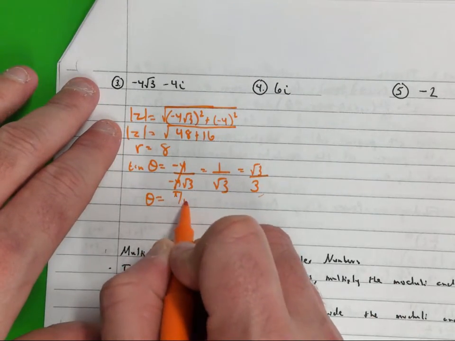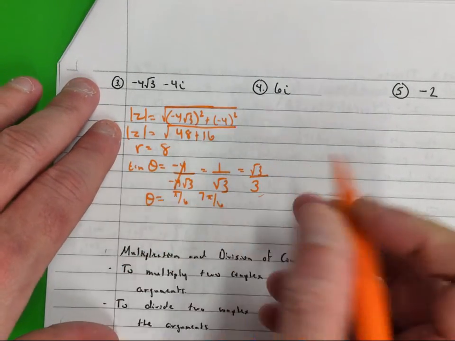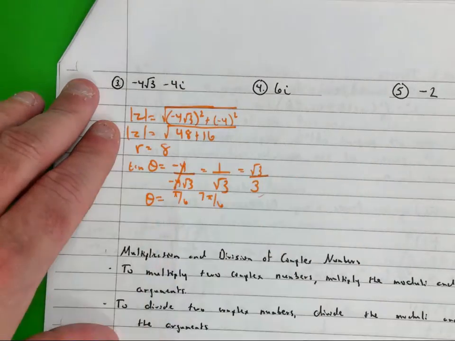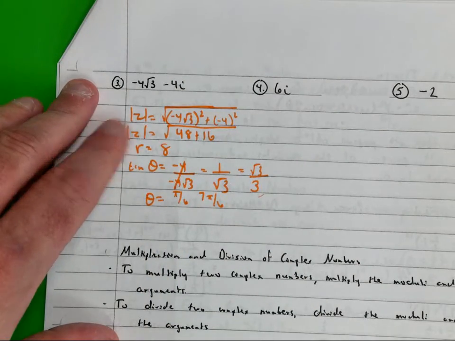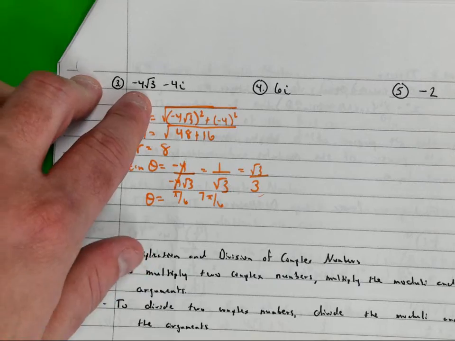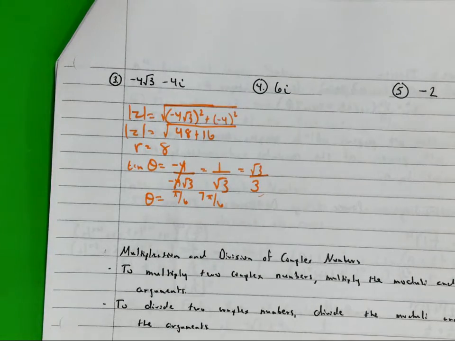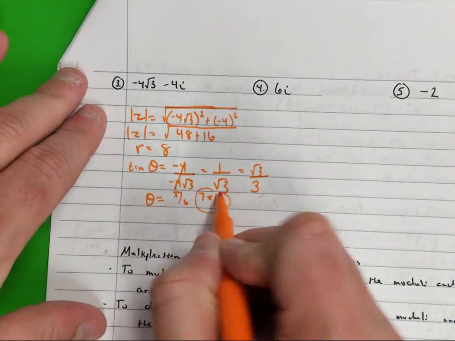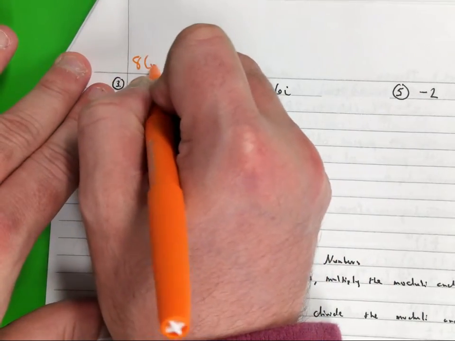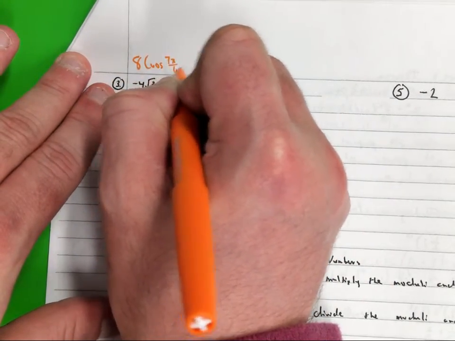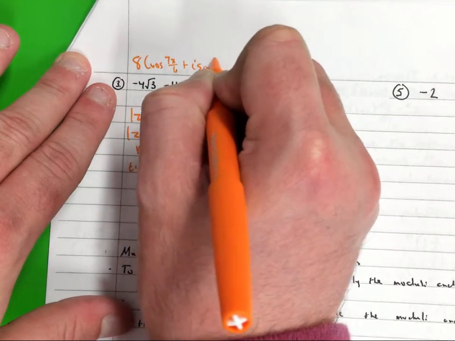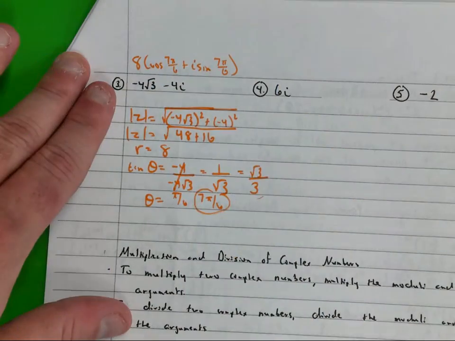So pi over 6 or 7 pi over 6. Go back to my original. If I was to graph this in traditional, what quadrant? 3. Very good. So which one do I choose? So this would be 8 cosine 7 pi over 6 plus i sine 7 pi over 6.